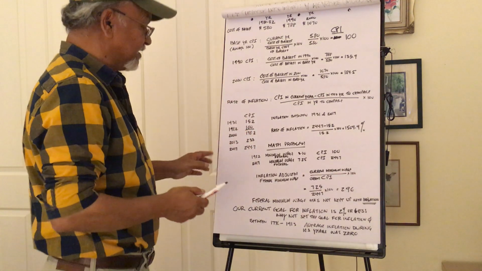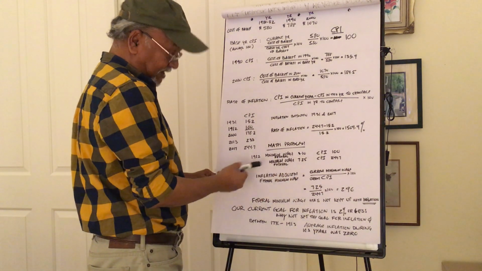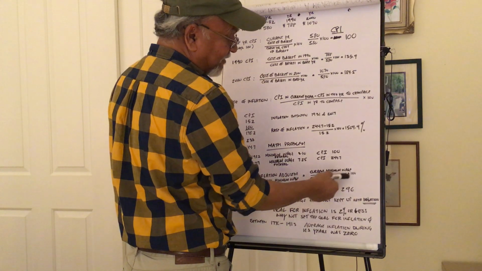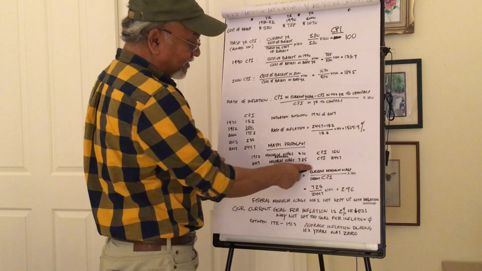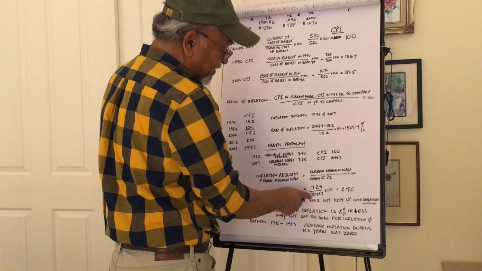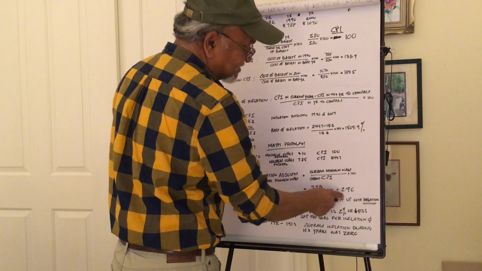So how do you do that? In order to figure out inflation adjusted income, you take the current income divided by the current CPI multiplied by 100. In this case, current minimum wage is 7.25, and the current CPI is 244.7, multiplied by 100, you get 2.96.